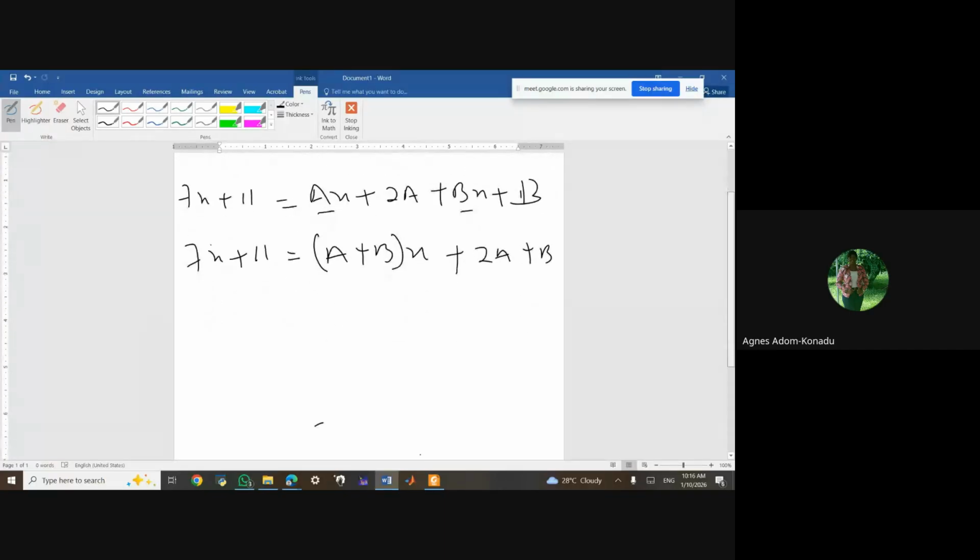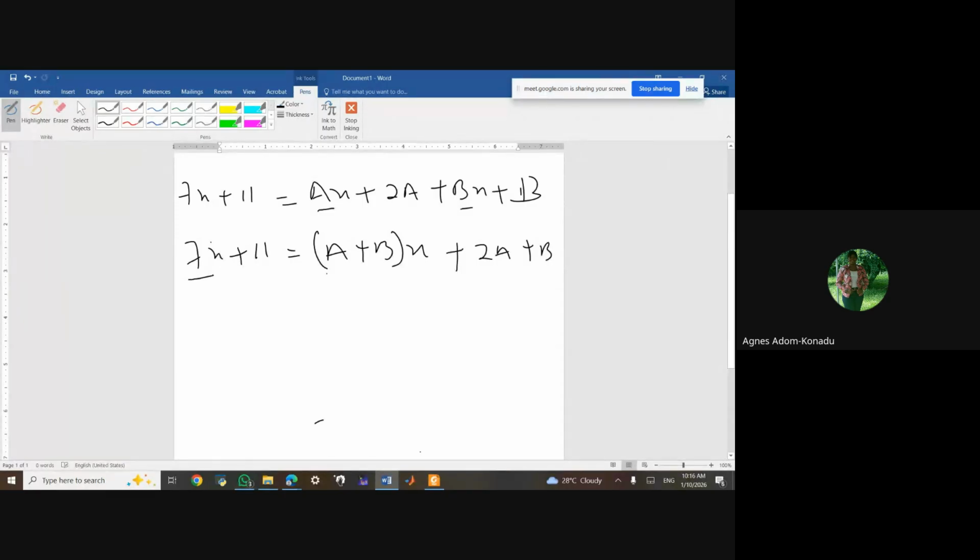So what the second alternative says is, I'll compare: this has 7 as the coefficient of x, this has x. So I will write 7 is equal to A plus B.